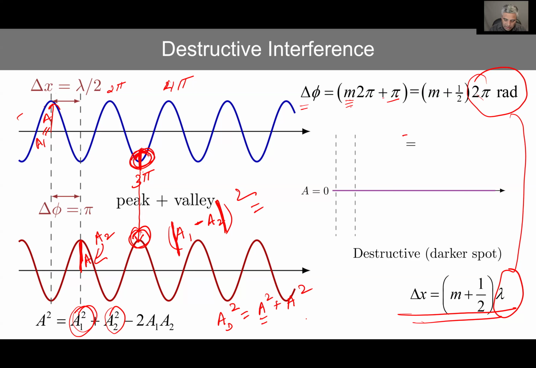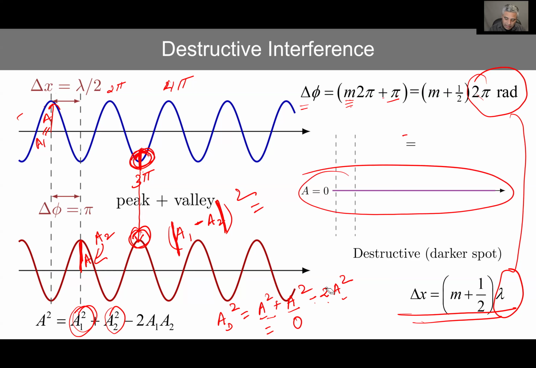For A2 square, we have again A square. And then 2 times A1 times A2 is 2A square. If you add them, it becomes 0. So A square plus A square minus 2A square becomes 0, and that's the result. Similarly, we can get the intensity 0 by using the intensity equation.